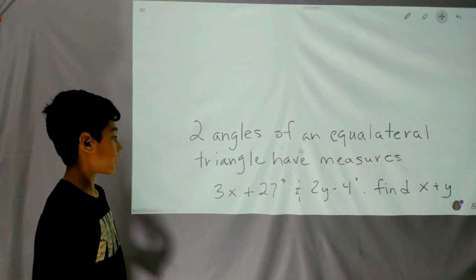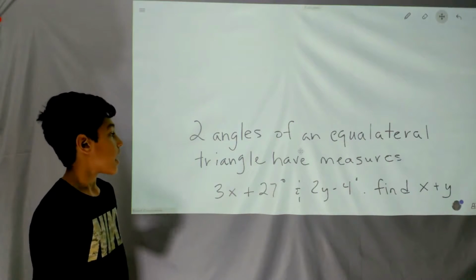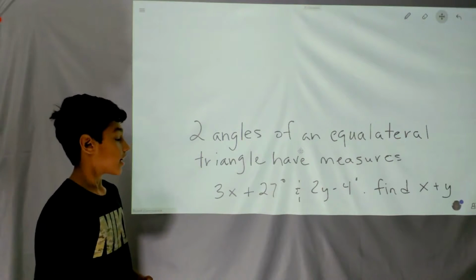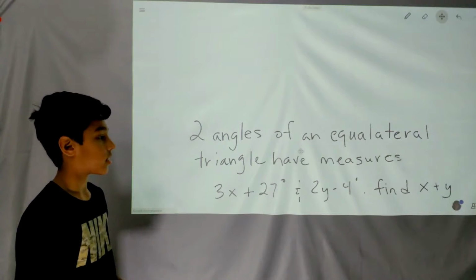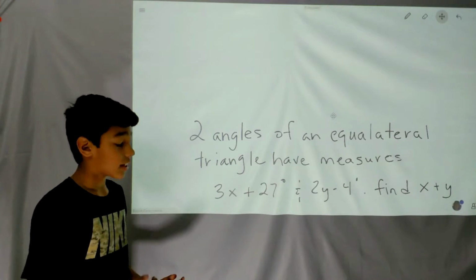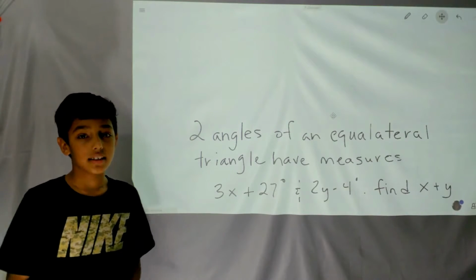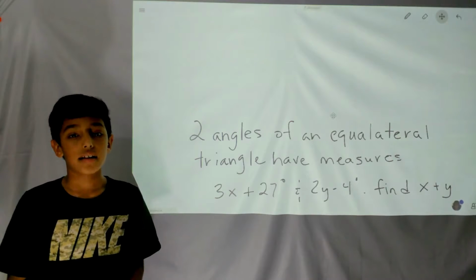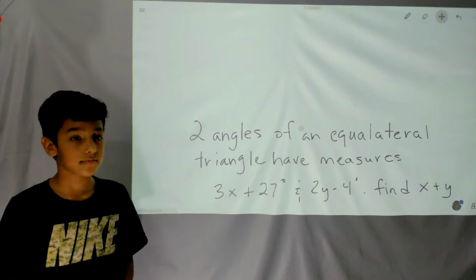Two angles of an equilateral triangle have measures 3x plus 27 degrees and 2y minus 4 degrees. Find x plus y. An equilateral triangle is a triangle with three sides that are equal and three angles that are equal.